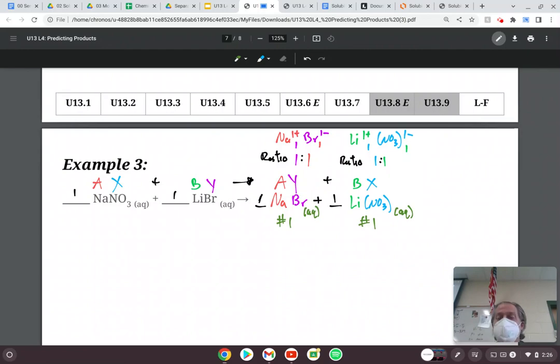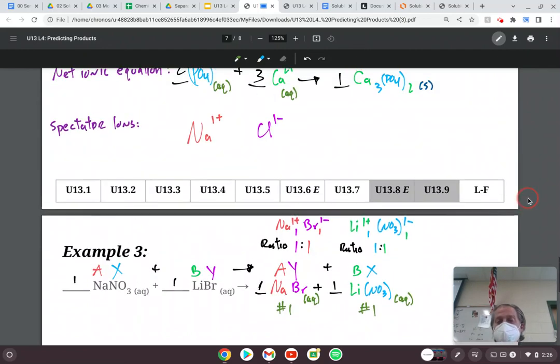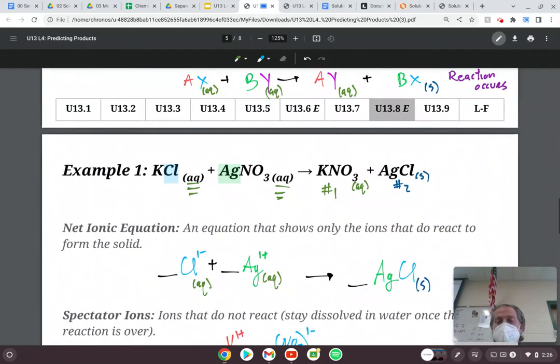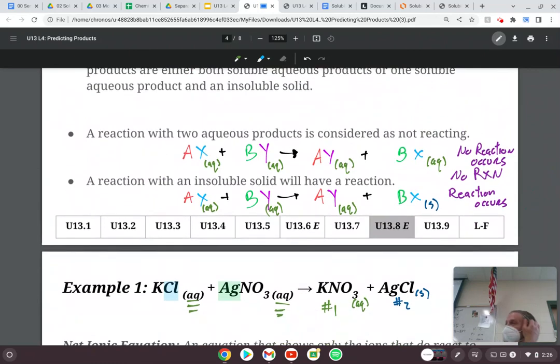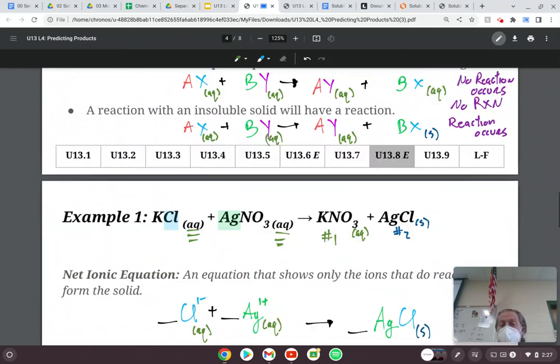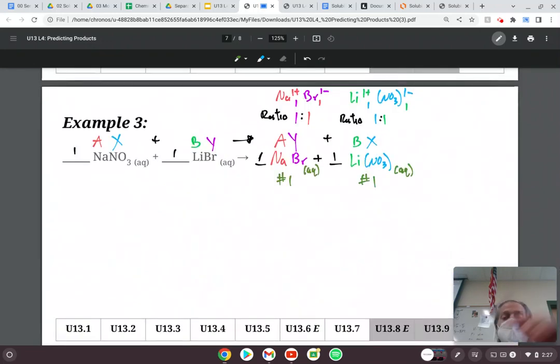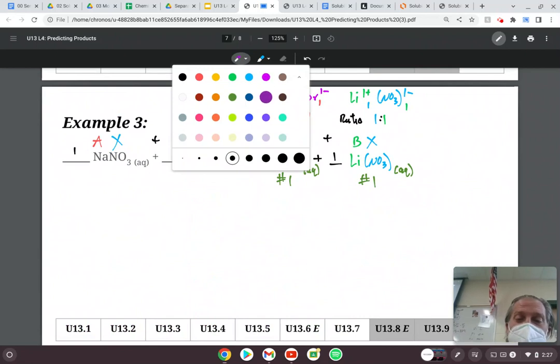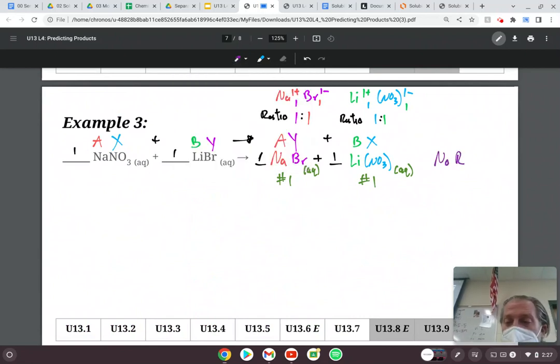If I go back up to the top of the notes here, if you have an aqueous product, what does that tell you about the reaction? There's no reaction, right? So I can simply say no reaction occurs, or you could just write no reaction.